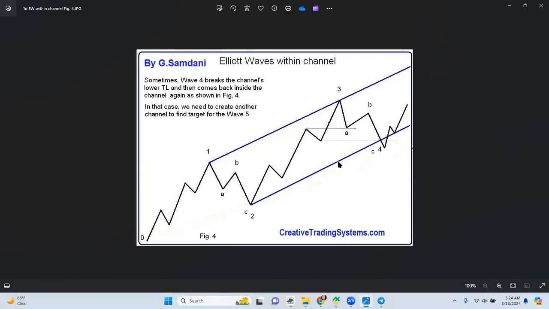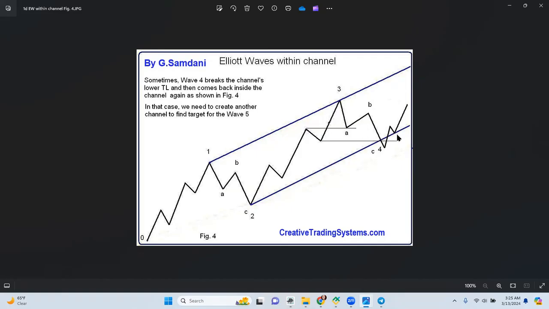The channel is made by connecting the high of wave 1 and the high of wave 3, and placing that line at the end of wave 2, the starting point of wave 3, so that the price will come and hit the channel for the wave 4 target.